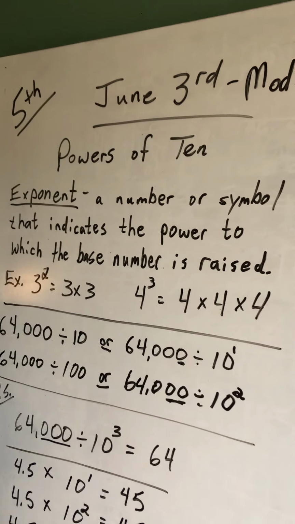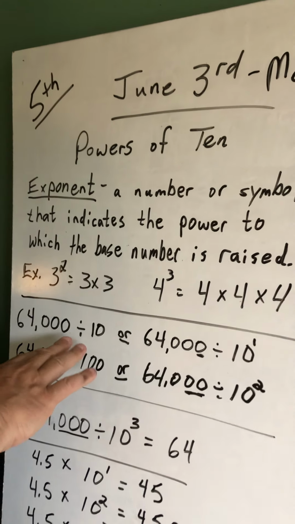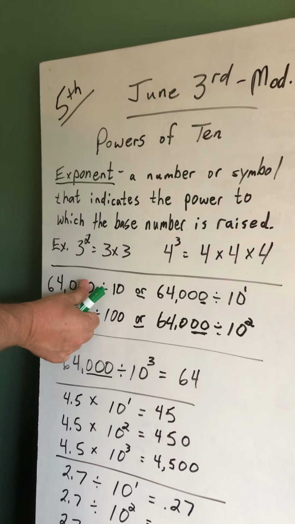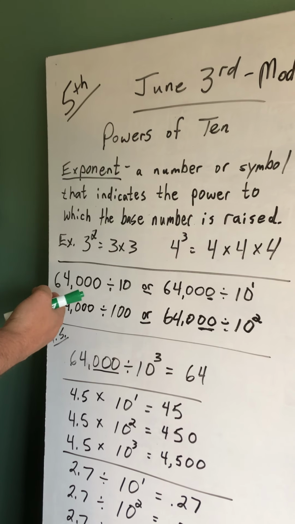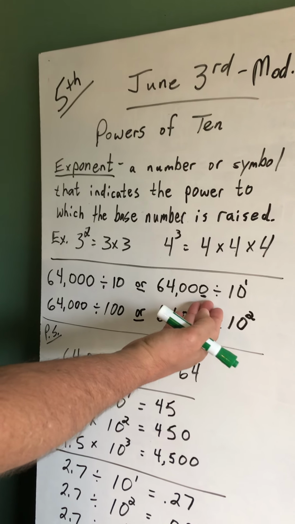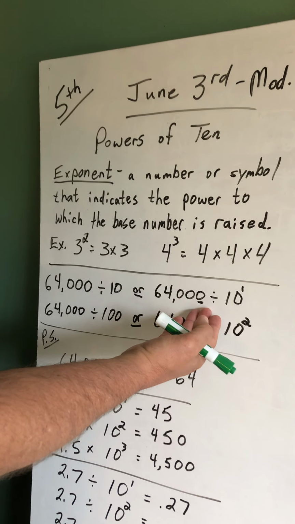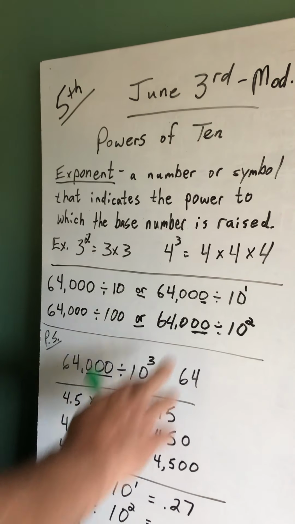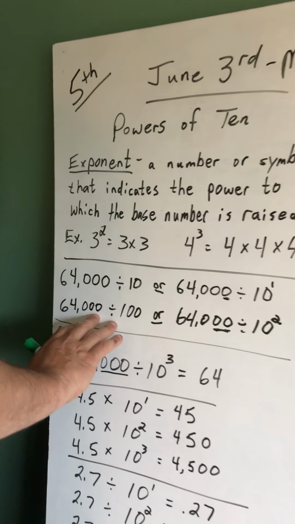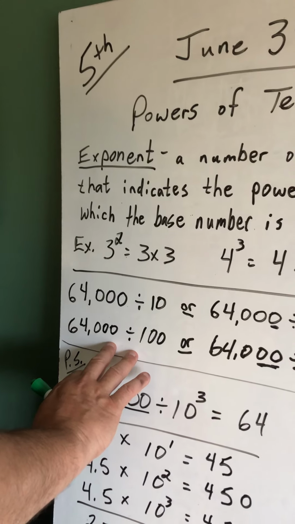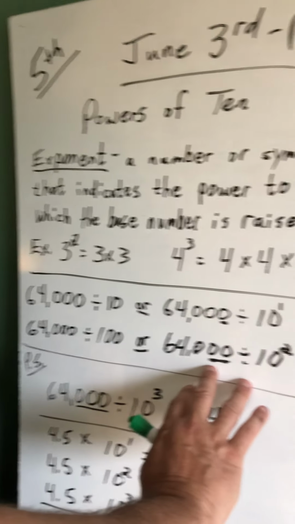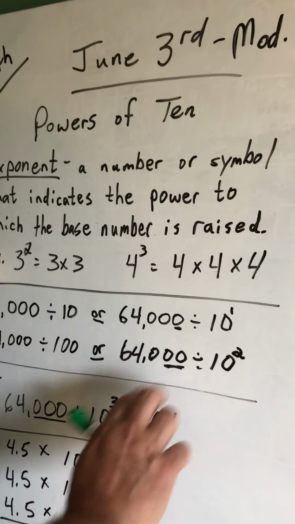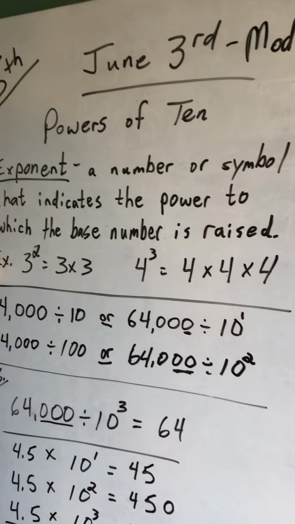Easy enough. So when we're doing, say, 64,000 divided by 10, you know you just take a 0 off, 6,400. But a lot of scientists would write it down as 64,000 divided by 10 to the 1. And then you take 1 zero off. Or if it was 64,000 divided by 100, you could also show that as 64,000 divided by 10 to the 2, which is 2 zeros, 100, okay?